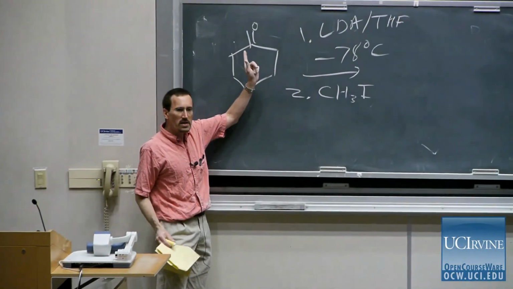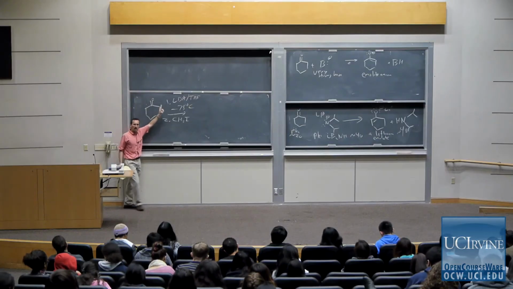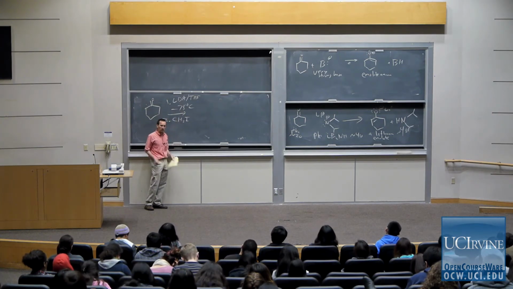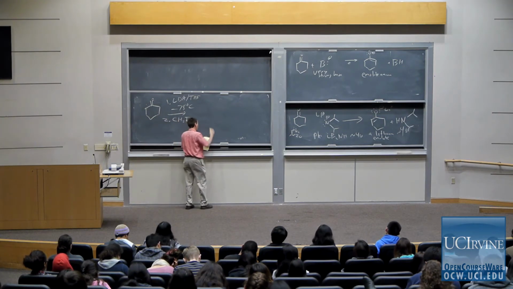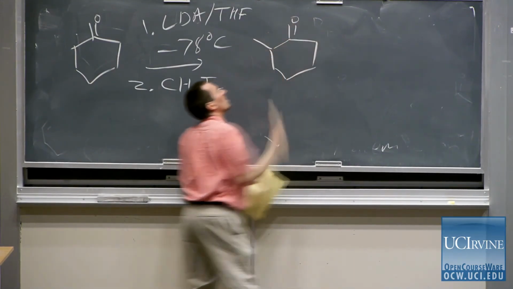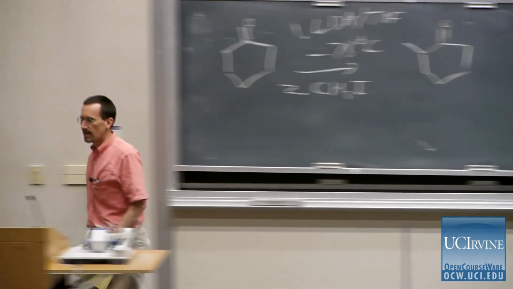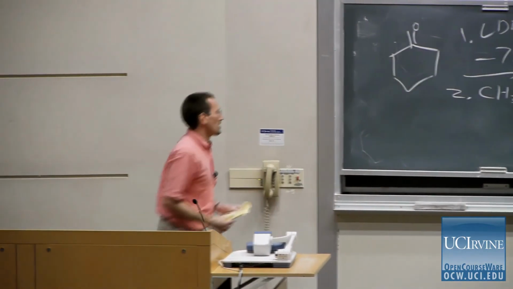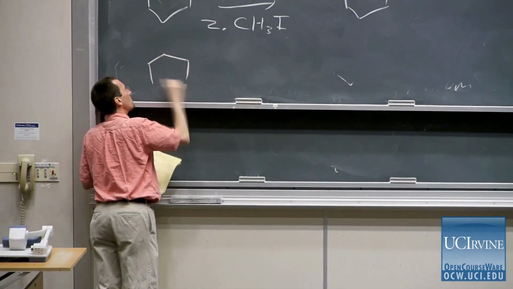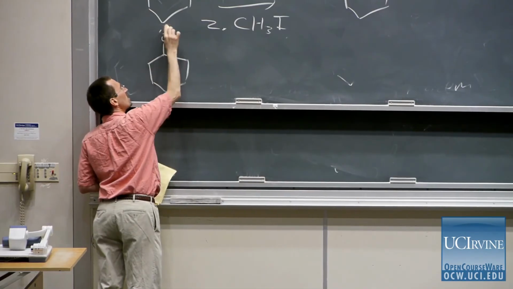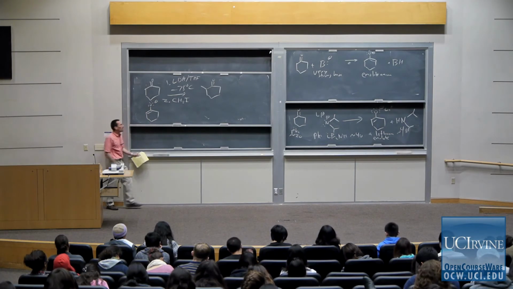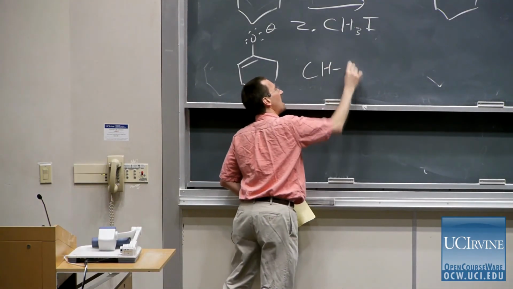In the first step, we add cyclohexanone to LDA at -78 degrees. In the next step, we drip in methyl iodide and allow the reaction to warm up, maybe perform an aqueous workup on it with a little bit of acid, and we've methylated our cyclohexanone. What's happening here? Same thing we saw with protons. We've generated our enolate stoichiometrically. Here's our methyl iodide.